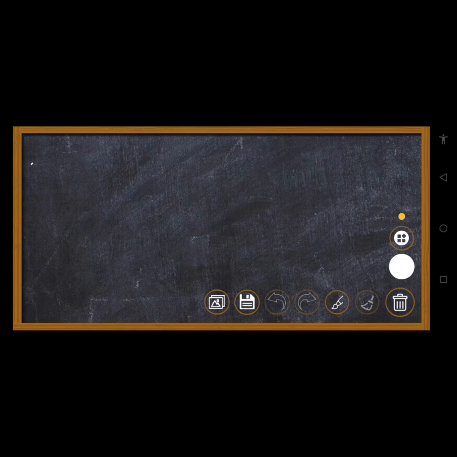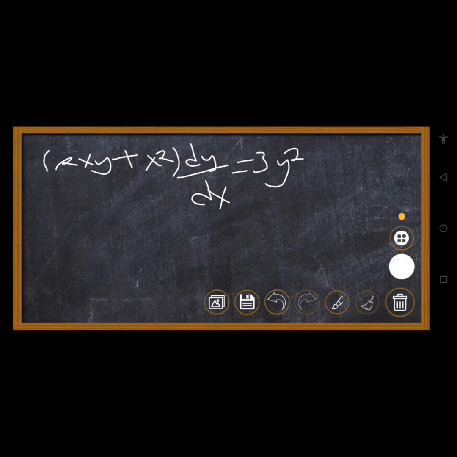Let's say you have 2xy plus x squared dy over dx equals 3y squared plus 2xy. If you still remember the first step, we said you write it in the form of a function f over a function g.